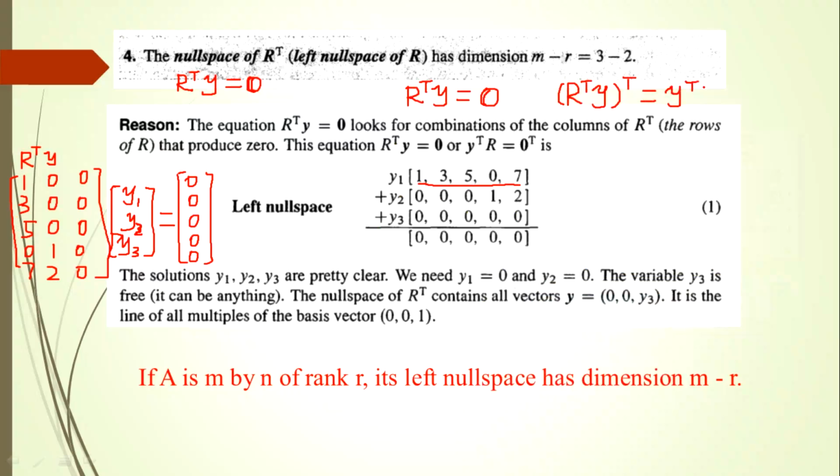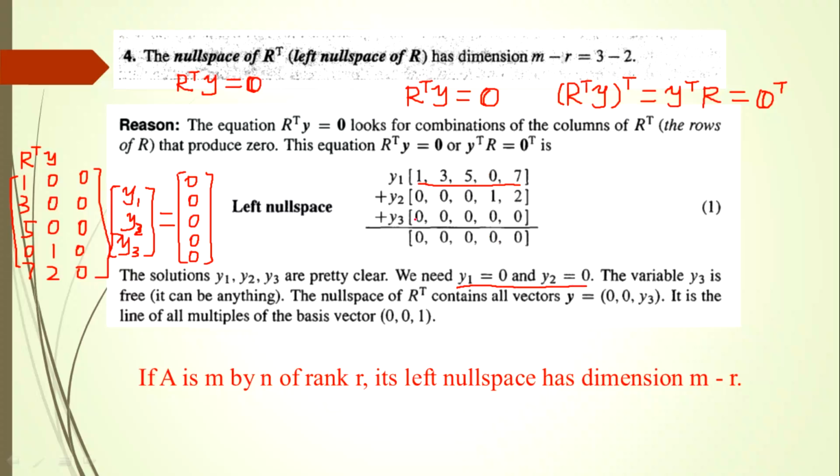So y transpose R equals 0 transpose. So a 0 column vector becomes a 0 row vector. So from here you will see it's the linear combination of those 3 rows in matrix R giving the 0 row. So y1, y2 need to be 0, right?